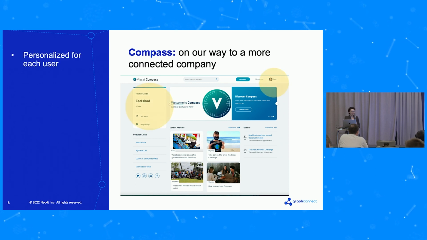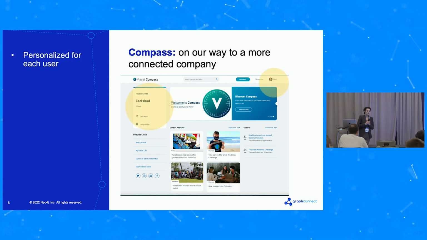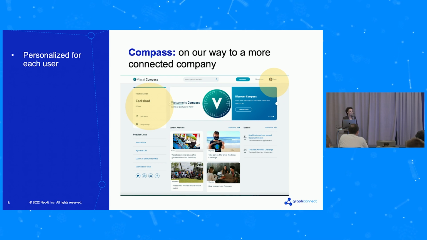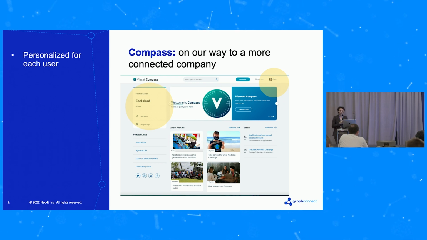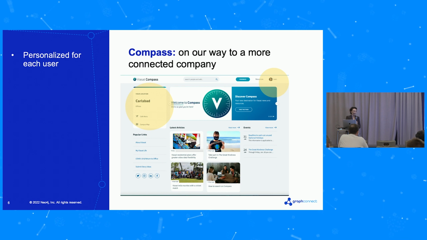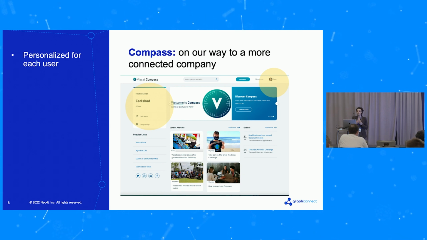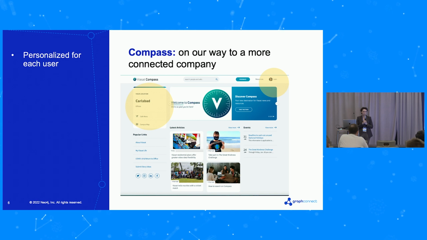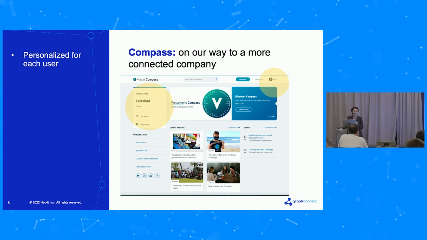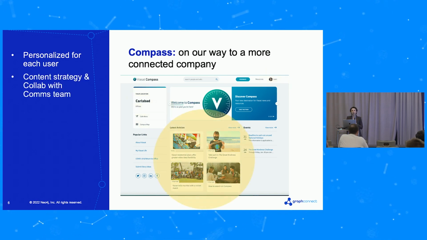Some of the really important features for Compass were that it was personalized for each user. I'm highlighting that we are pulling attributes about the user and the location, providing them with relevant information for their location, and creating a place where you can have a profile page.